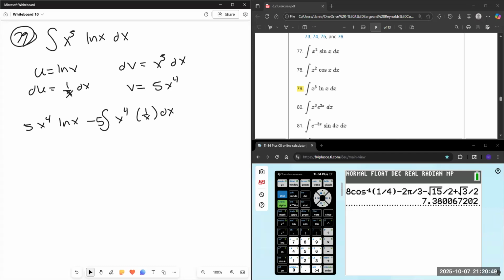So this is 5x to the 4th ln of x minus 5 integral of x to the 3rd dx. That'd be 5x to the 4th ln of x minus 5x to the 4th over 4 plus c.